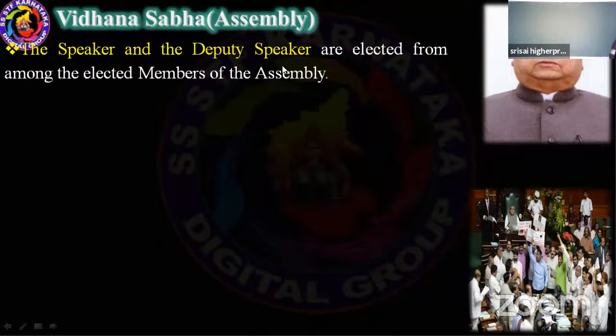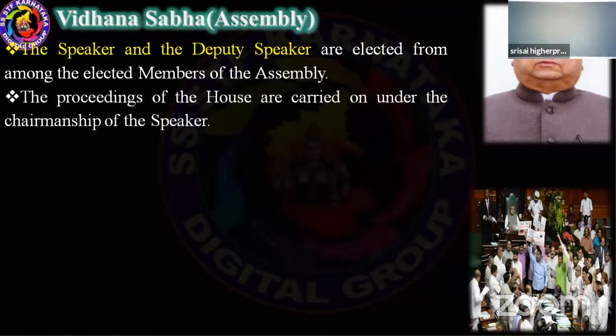The speaker and the deputy speaker are elected from among the elected members of the assembly. Including all the 224 plus 1, they will select the speaker and then the deputy speaker, and they are responsible to carry on all the activities during the session twice in a year.